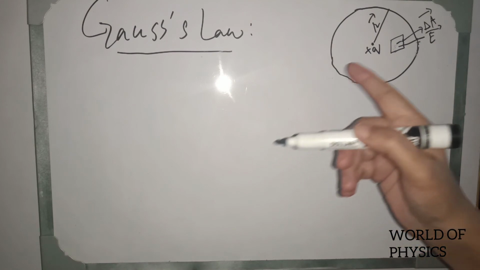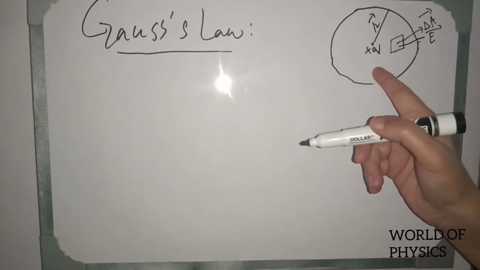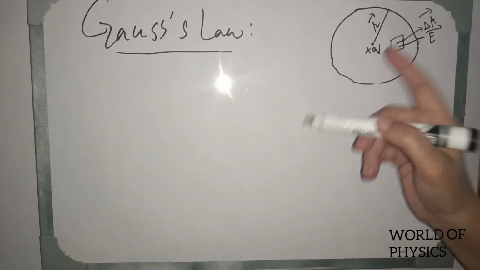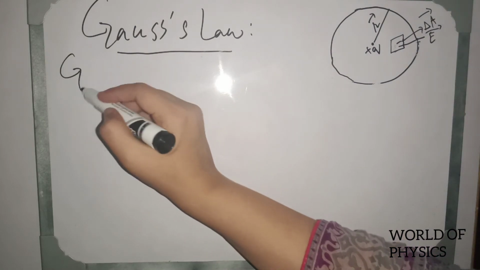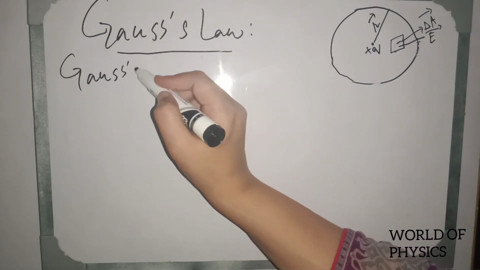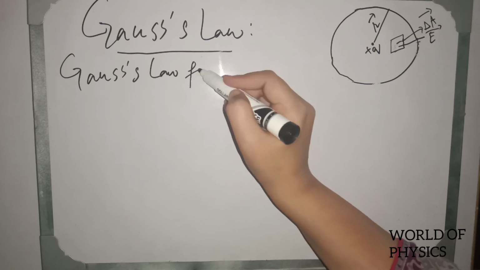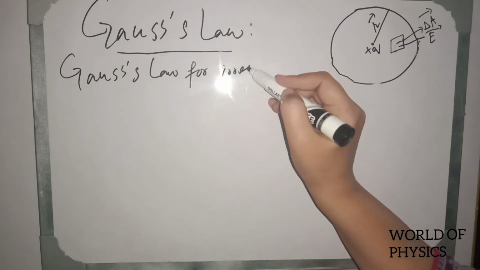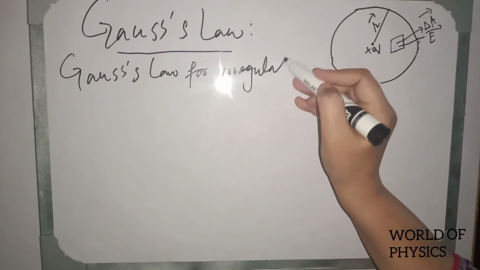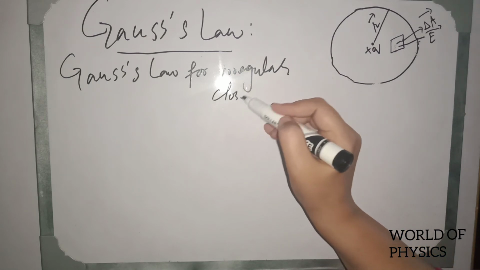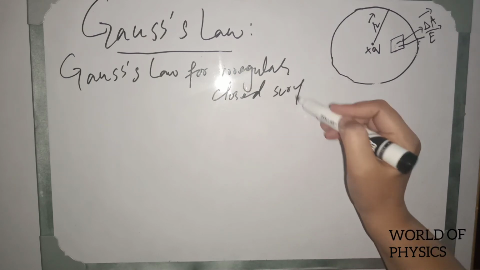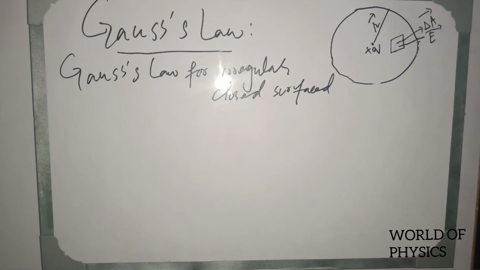In this derivation, we have explained Gauss's law for a closed surface which is a regular shape. Now we have to derive the relationship of Gauss's law for an irregular closed surface. I am going to draw this surface.